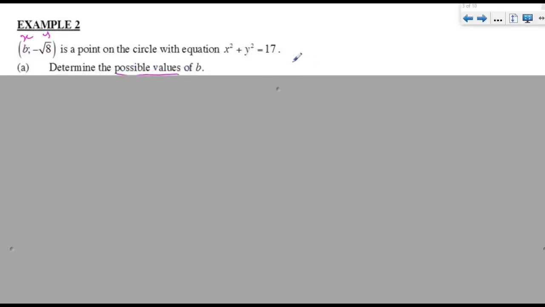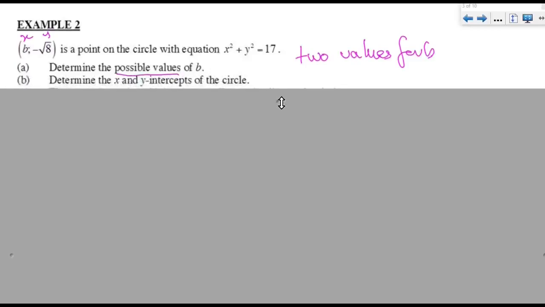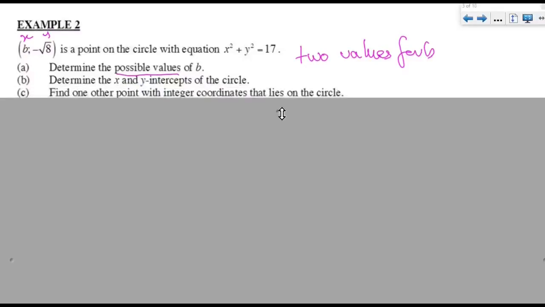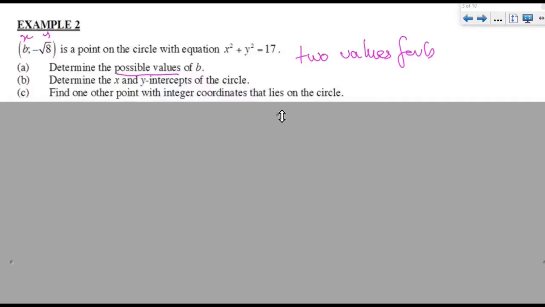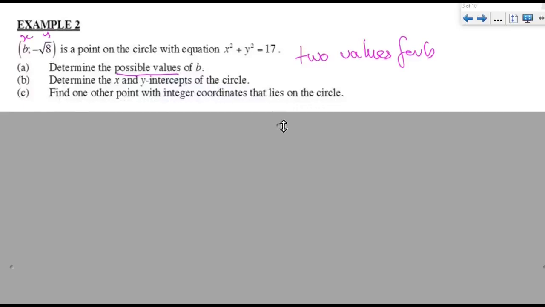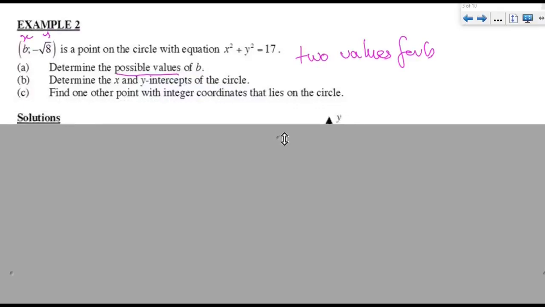When you see that expression, there may be two values. Read the question carefully. Then the second question, determine the x and y intercepts of the circle. And 3, find another integer value that lies on the circle. Bit of a challenging question. So let's go through it.